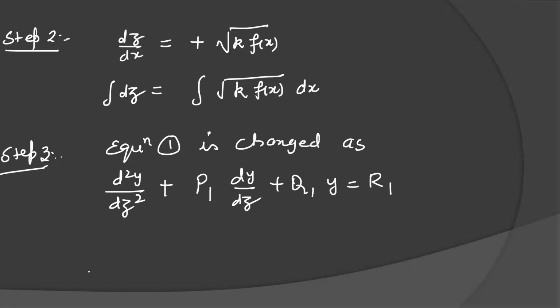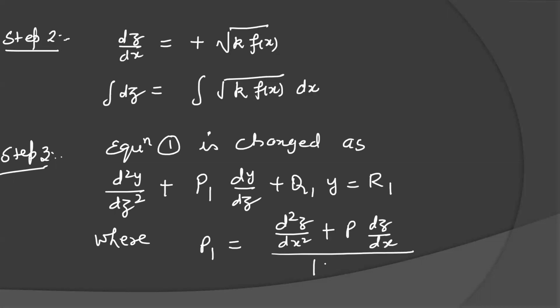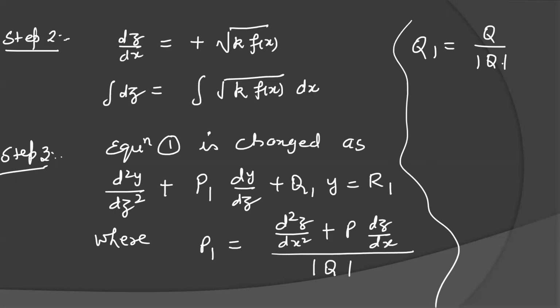Now our aim is to find p1, q1 and r1, where p1 is equal to d2z over dx2 plus p dz by dx, over mod of q. I'm not going into the proof of this method. This is p1 actually. q1 is given as q over mod q. We have to divide by mod q only, so it will be 1 or minus 1. R1 will be r over mod q. We have to divide by mod q in every term.